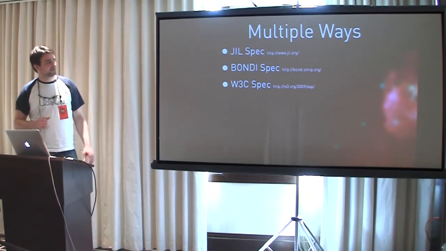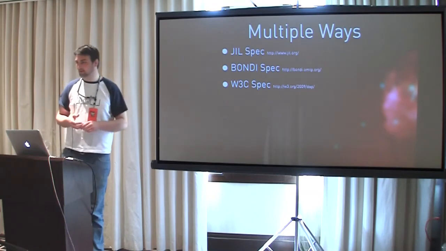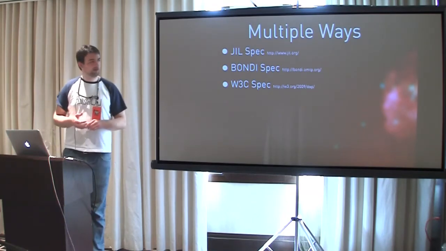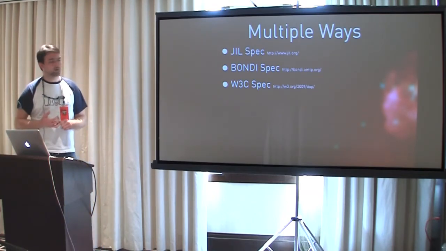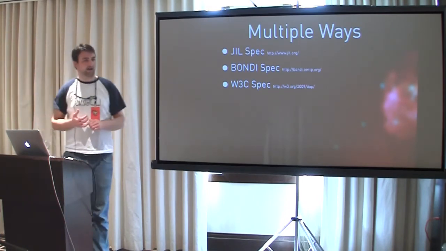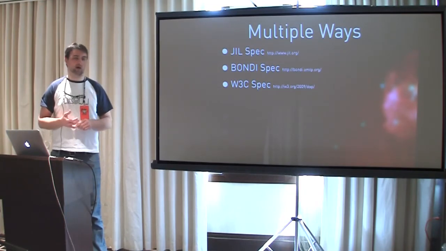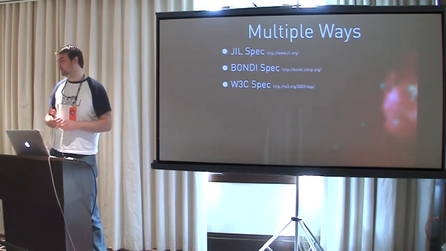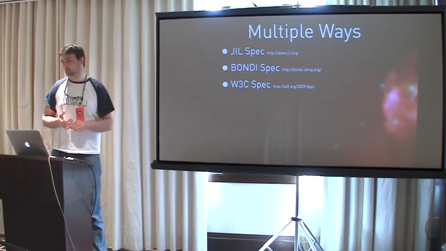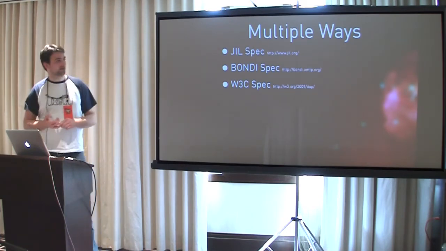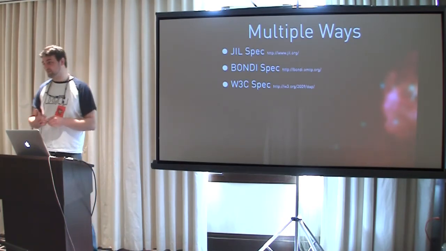There are three, I would say, competing specs out there. There's a consortium called JIL that have written a spec for how to access native functionalities from JavaScript. And there's also another consortium. They also started to implement that.